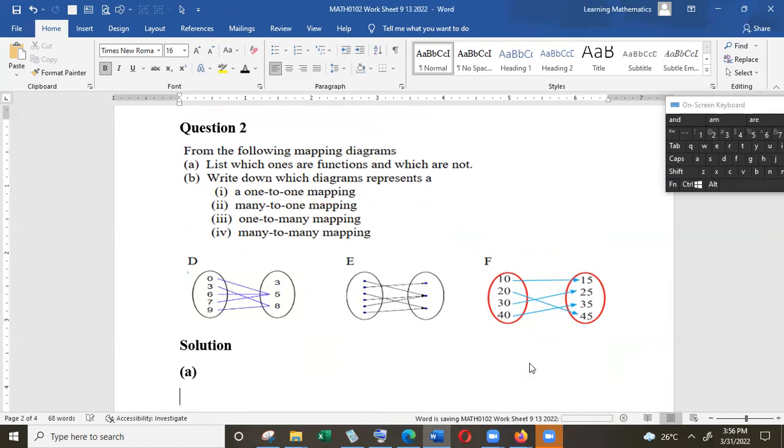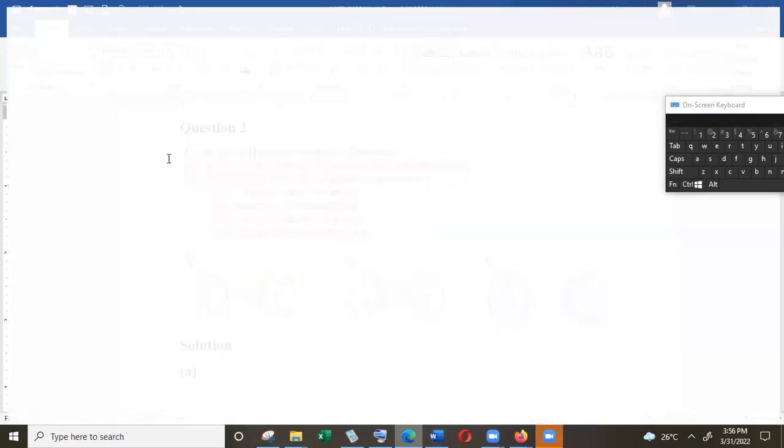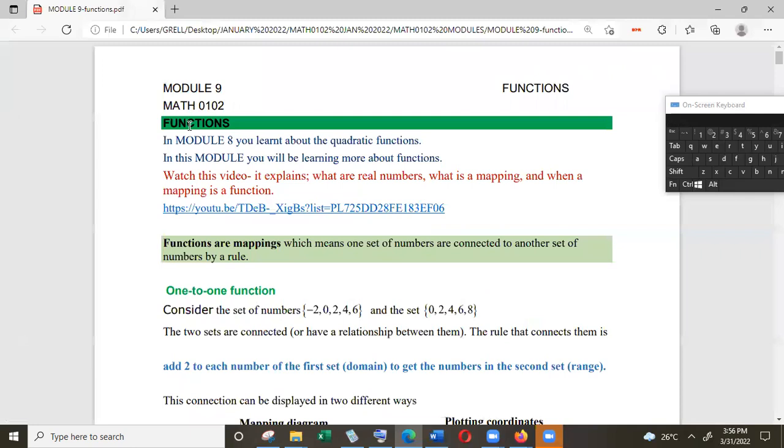We have to list which ones are functions. So we need to know what is a function. So here we have in the module, functions are mappings, which means one set of numbers are connected to another set of numbers by a rule.